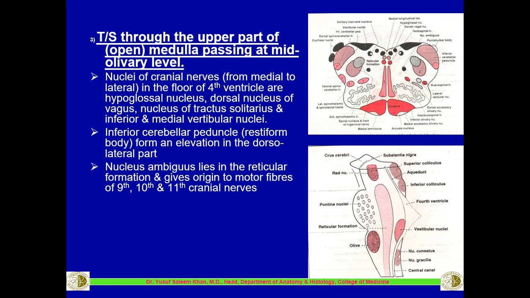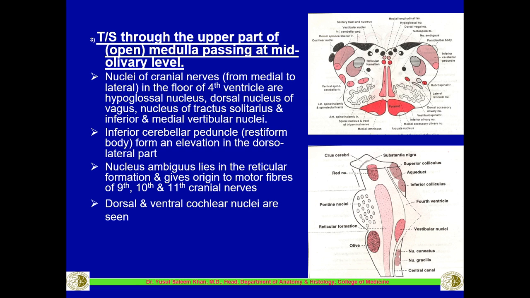In the middle of all parts of the midbrain, pons, and medulla oblongata, you can appreciate the presence of the reticular formation, and in the center of that we can see the nucleus ambiguus, which gives origin to the motor fibers of the 9th, 10th, and 11th cranial nerves. This nucleus ambiguus is very important because it gives rise to the motor fibers for the 9th, 10th as well as the 11th cranial nerves. This is the nucleus ambiguus on either side.